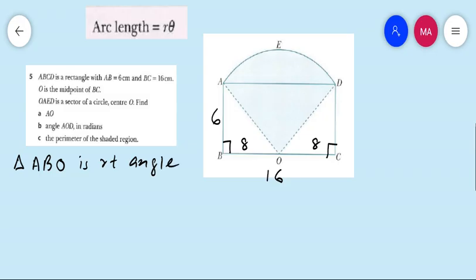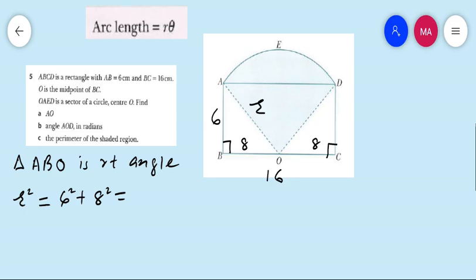So if this triangle is a right angle triangle, if we assign the name of AO as R, so R is the radius of the sector and R is the hypotenuse of the right angle triangle. So what Pythagoras theorem says: square of the hypotenuse is equal to the sum of the squares of the other two sides.